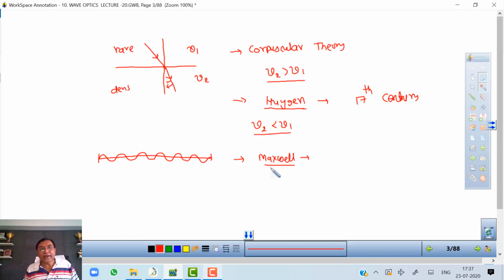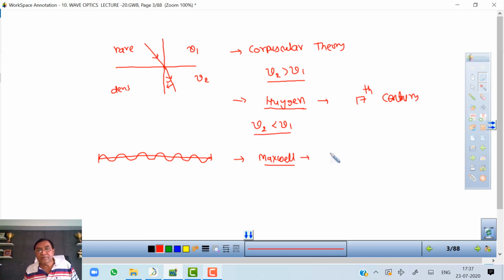He proved that waves can travel without a medium also, that is the light wave. Because sun rays come from the sun and reach the earth, there is no medium between earth and sun. So it means that waves can travel without a medium, and it was shown by Maxwell.